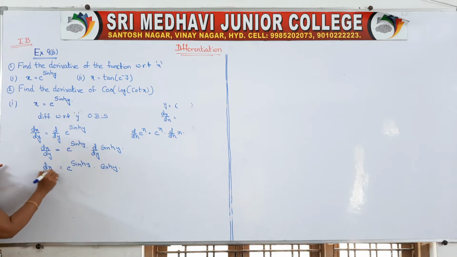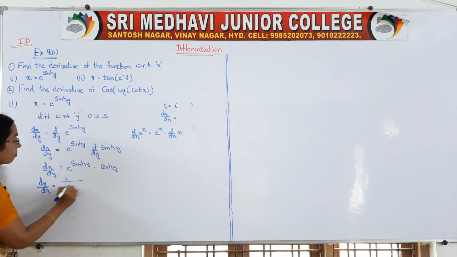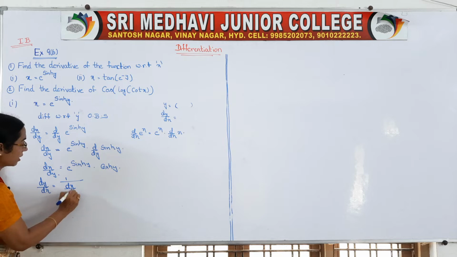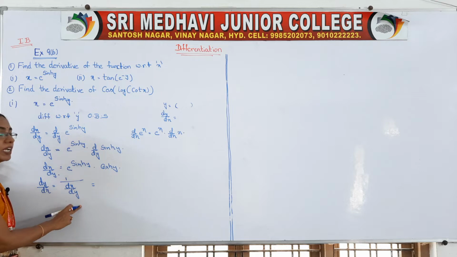Okay, what is this? This is your dx by dy, but we have to find dy by dx. So dy by dx is equal to, how will we get it? 1 by dx by dy, isn't it? We have the value of dx by dy, but we have to find dy by dx, so we take 1 by dx by dy.